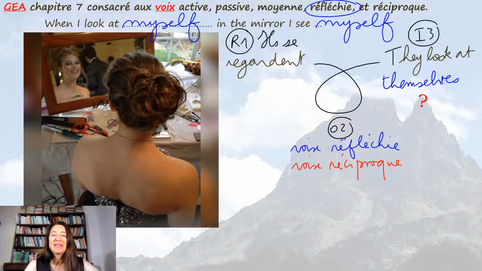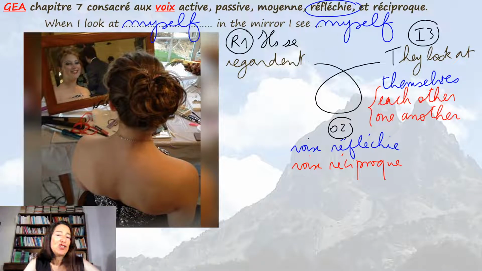And in that case, the translation would be they look at each other or they look at one another, depending on whether there are two persons, in which case you use each other, or more than two persons, in which case you use one another, even though this rule is not always respected very strictly. Okay, so that's it for a basic presentation of the reflexive and reciprocal voices.